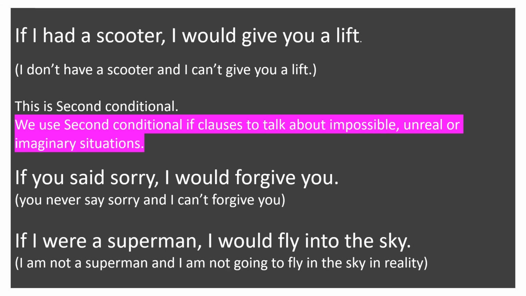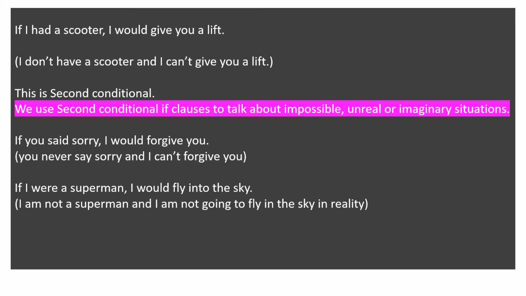Now, let us see the verb structure in the second conditional if clauses. And we should not forget, in these sentences, we have two clauses in every sentence. One is the if clause, another one is the main clause.